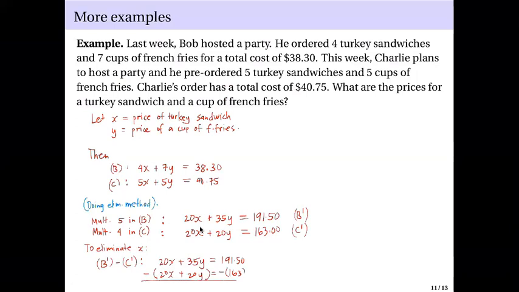On the left-hand side, you will have 20x minus 20x, that's 0. Here, you have 35y minus 20y, that's 15y. Then for the other side, you have 191.50 minus 163, that's 28.50.